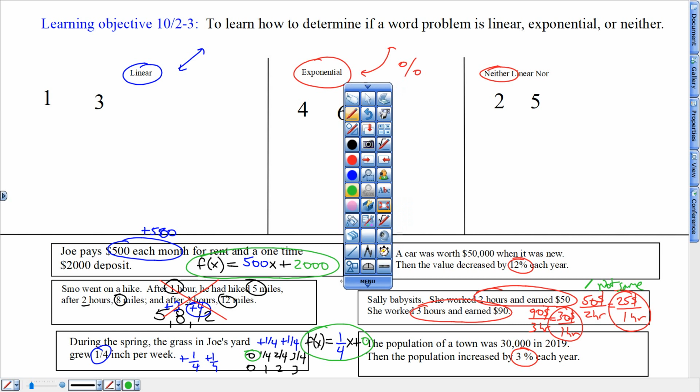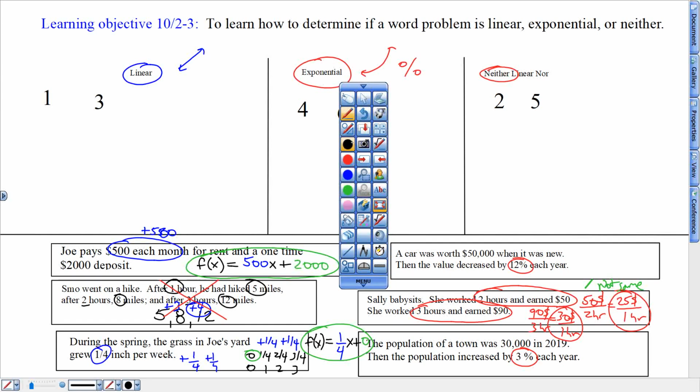All right, percent. Here we go. I got percent starting at 50,000. That's going to be the 0 term. So that number right away is my 0 term. And then I'm decreasing, so that means I'm going down. So if I take 1 minus 0.12, that gives me 0.88.